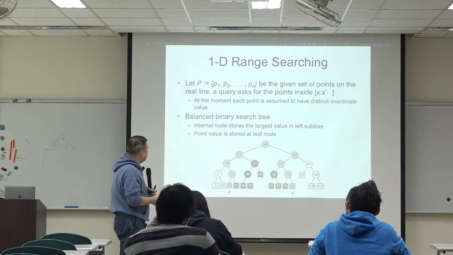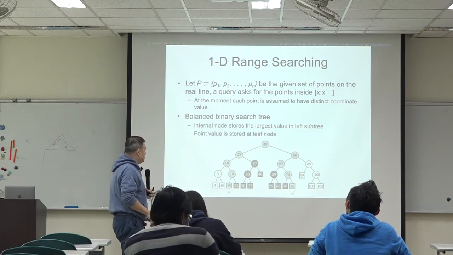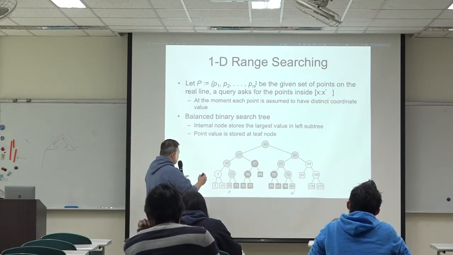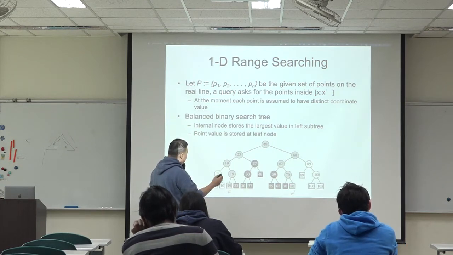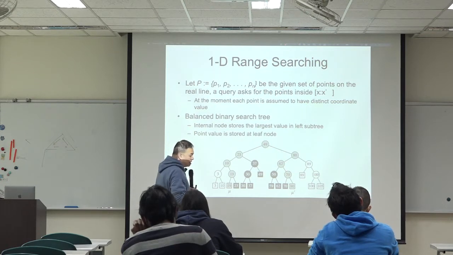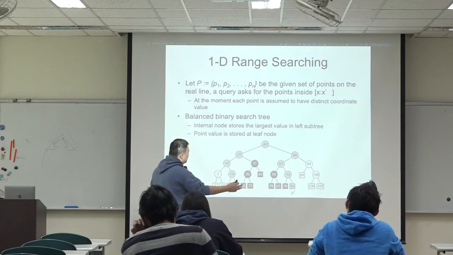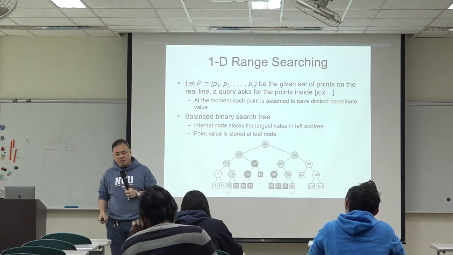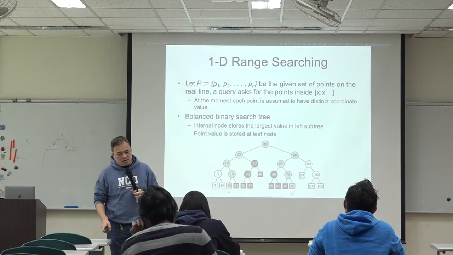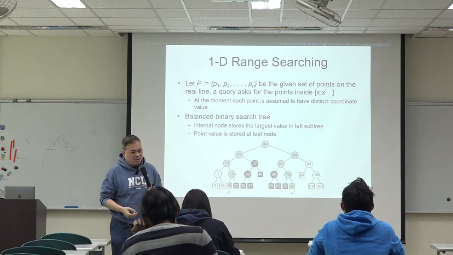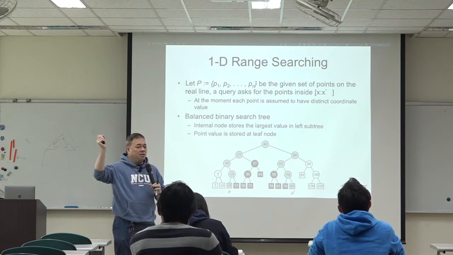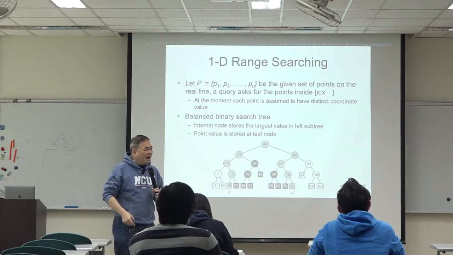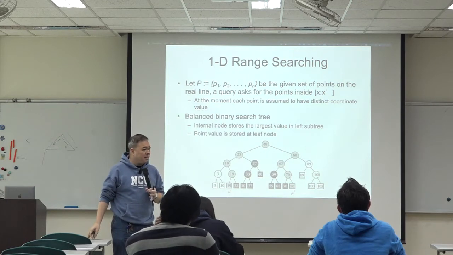Now, given these 14 numbers and this binary search tree, by the way, the construction of this balanced binary search tree takes n log n time, because there are two ways we can construct it. One way is to insert each number into the binary search tree, which is perhaps the first thing that came to your mind.